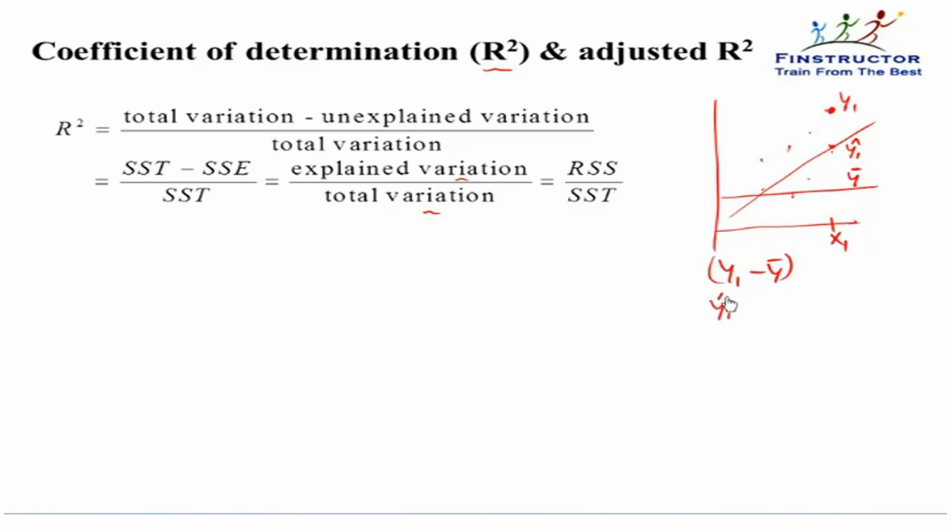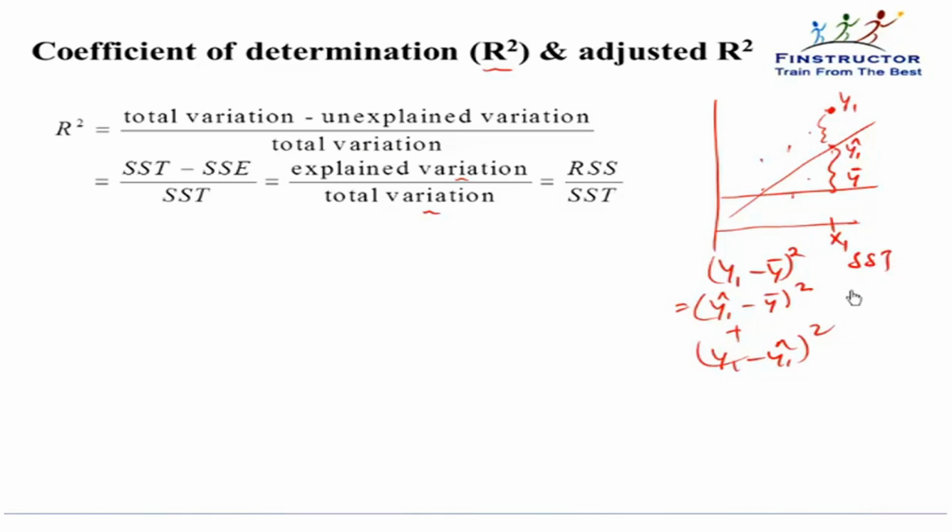Of the total error, y1 hat minus y bar is explained. The distance yi minus y hat that we studied earlier at the beginning also is called the error term. So error term, generally speaking, means the unexplained error. The square of the total error is equal to the square of the explained errors, also called the regression sum of squares, plus the squares of the unexplained error, that is the sum of squared errors.